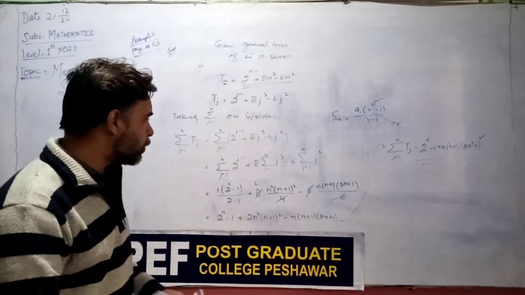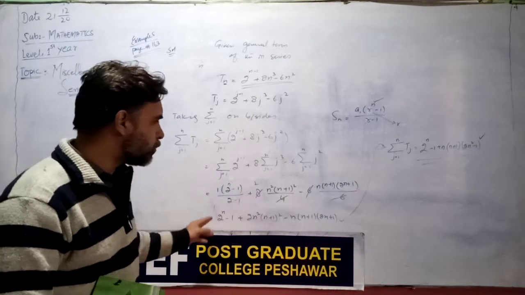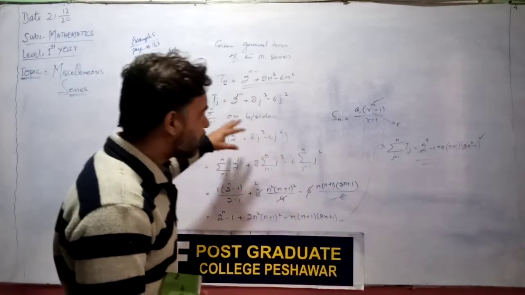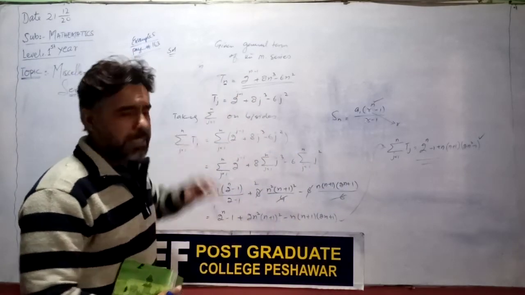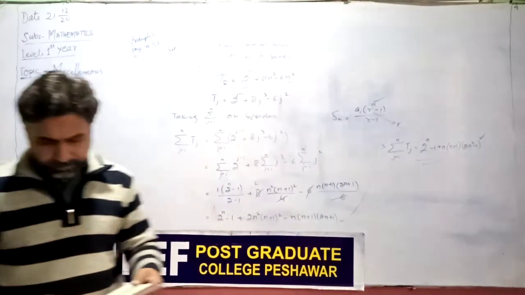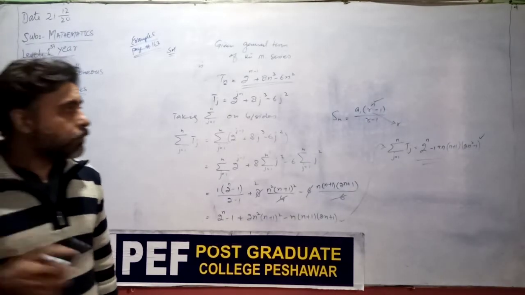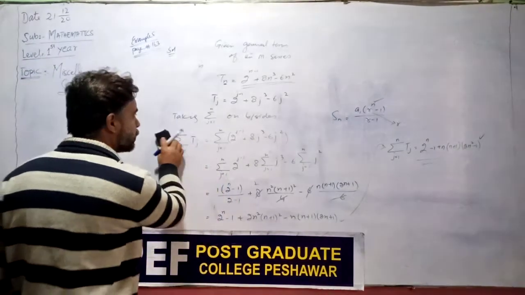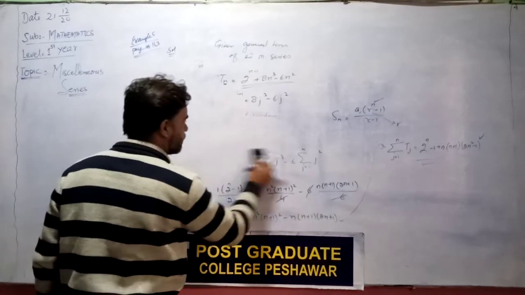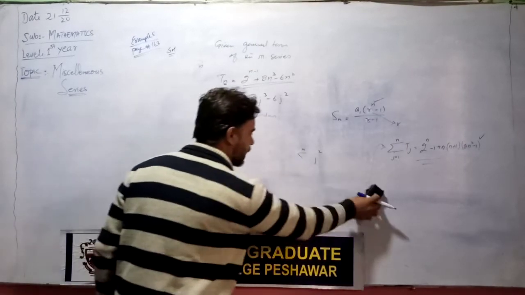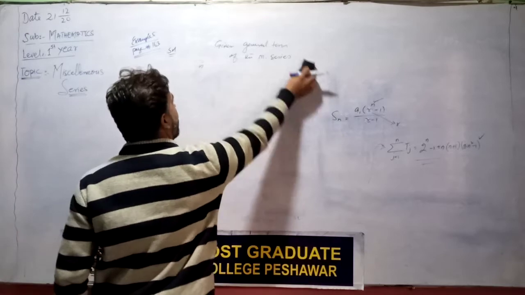Utilizing all those three formulas, we have developed a summation formula for this miscellaneous series. Now, dear students, to make you clear with this, let me solve some questions from the exercise.